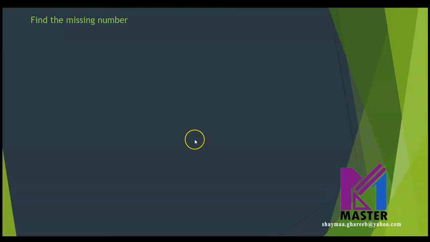Now look at this question. Find the missing number. I have a mixed number that is written as a fraction, but the numerator is missing. How to get the numerator here? I will follow our steps normally. I will change this mixed number into an improper fraction.